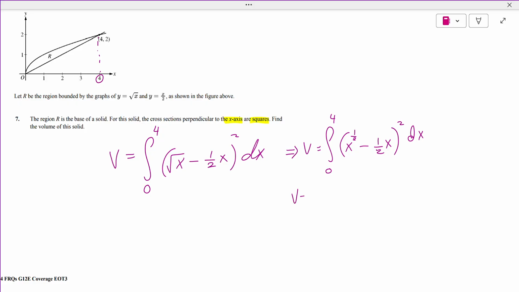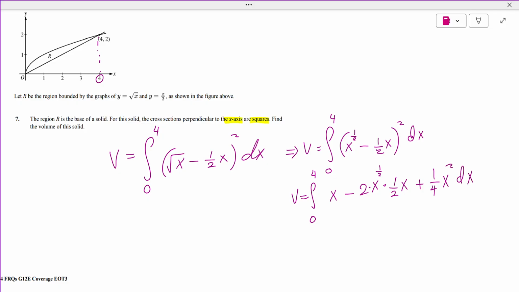Now, the volume is given by the integral from 0 to 4. Let's use the expansion. So this is going to be x minus 2 times the first times the second, 2 times x to the power of 1 over 2 times 1 over 2 x, plus 1 over 4 x squared dx.